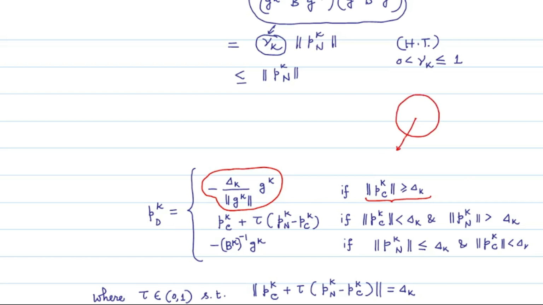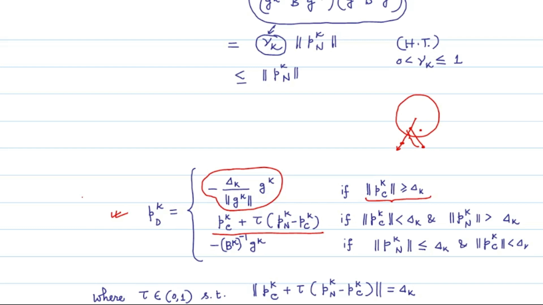If however the Cauchy point is inside the trust region and the Newton step is outside the trust region, then you take the intersection of this line segment with the boundary of the trust region as the dogleg step, that is this portion. If however the full Newton step is inside the trust region, in that case we go with taking the full Newton step as the dogleg step. So this is the rule for taking the dogleg trust region step.